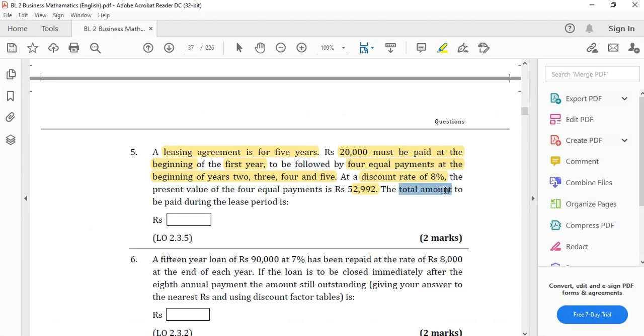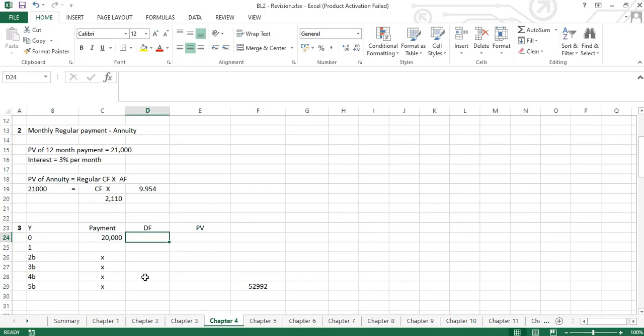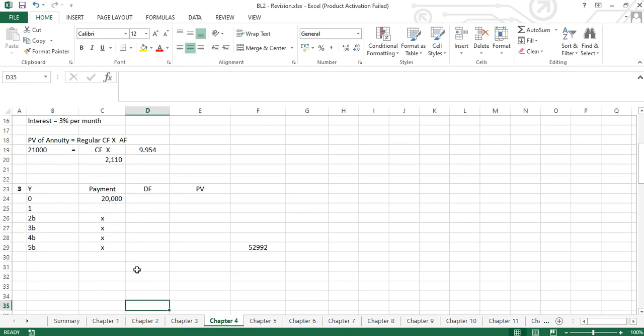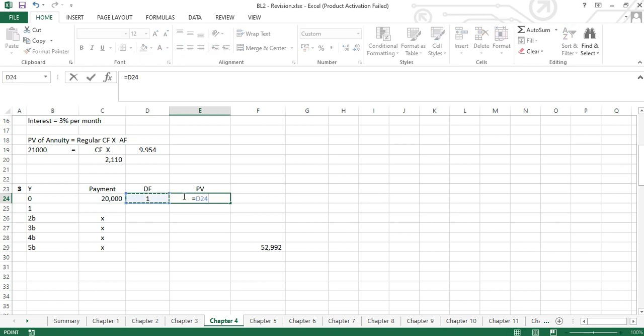They are asking for the total amount to be paid during the lease period. First, let's understand what they've given to us. So let's see how they got this 52,992 and then work backwards. Basically they multiplied the payment by the discount factor. In this case year 0 it's 1, so 20,000 into 1 is 20,000.